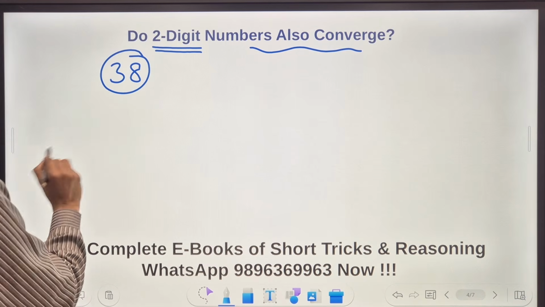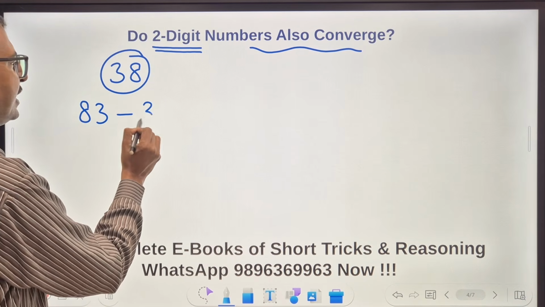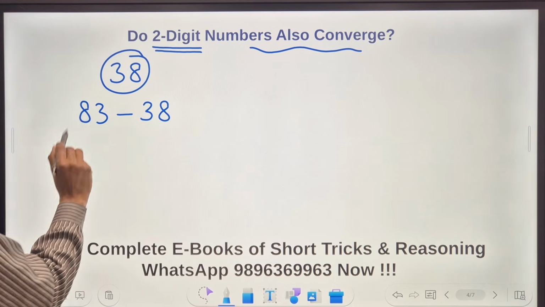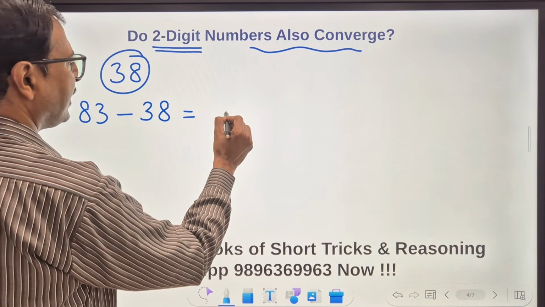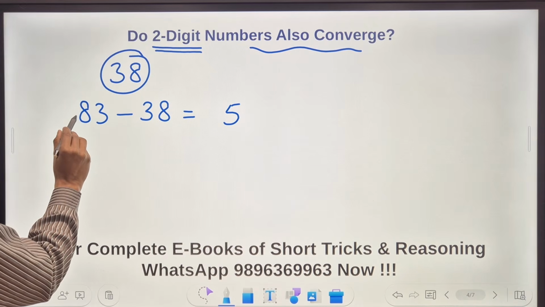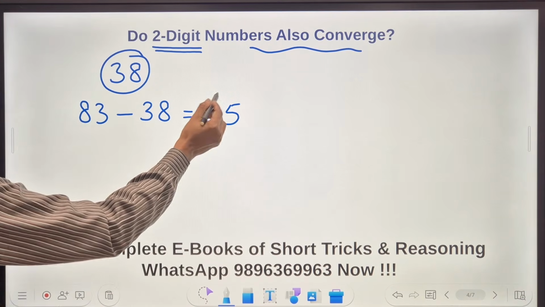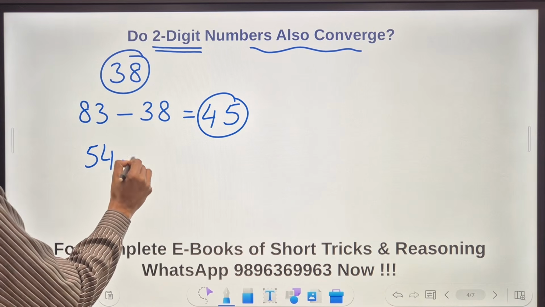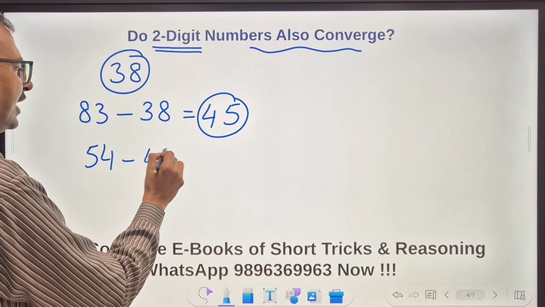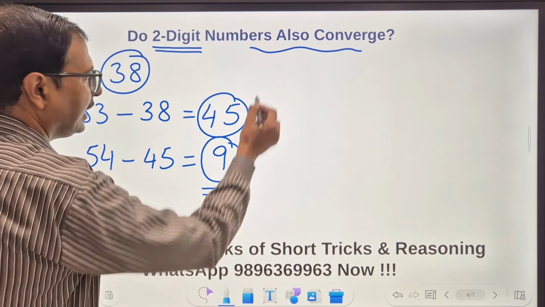The highest number is 83, and if you subtract 38, the smallest number, from that, you will get 13 minus 8, which is 5, and then here we have 7, so 7 minus 3 is 4. Now the highest number formed from 4, 5 is 54, and the smallest is 45 itself. And therefore the answer is 9. We get a single digit number 9.